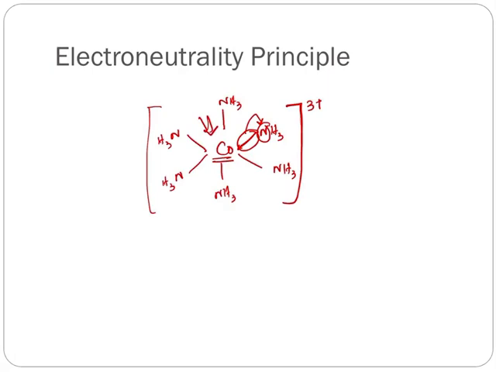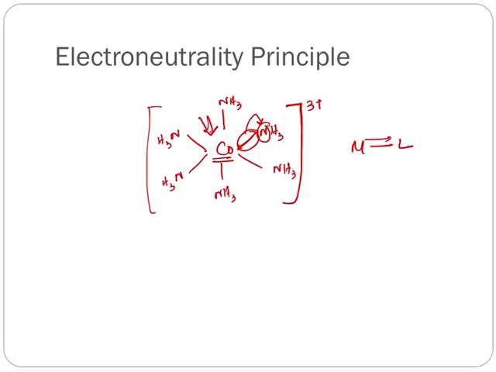So in that way the electroneutrality principle works, and it says that within a coordination complex, if a metal-ligand sigma bond is formed, then there is a tendency to form a metal-to-ligand pi bond.